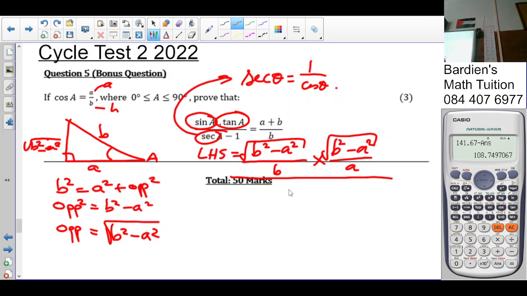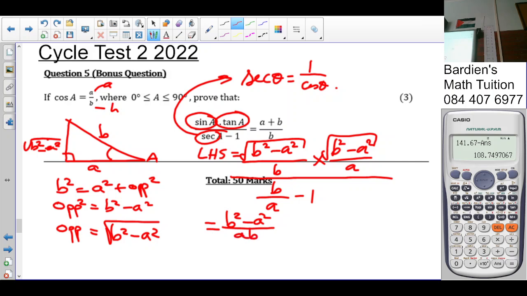So the hypotenuse is b, the adjacent is a, minus 1. So, oh yes, we have got some algebra here. They're complex fractions. So the square root of b squared minus a squared times the square root of b squared minus a squared is simply b squared minus a squared over a times b is ab.